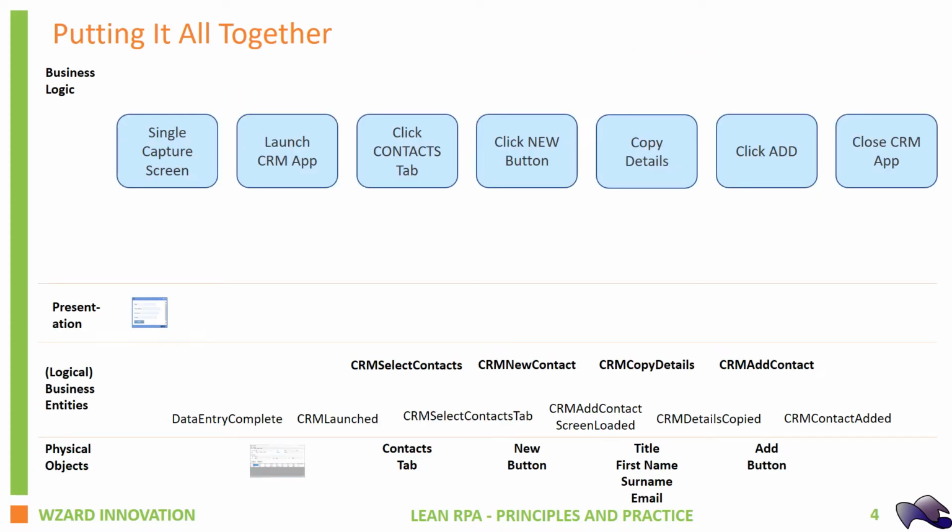Before starting to develop an application, we will normally put together something that looks similar to this. This shows us the physical objects, which we've seen many times now, but also now starts to build up the logical business entities.